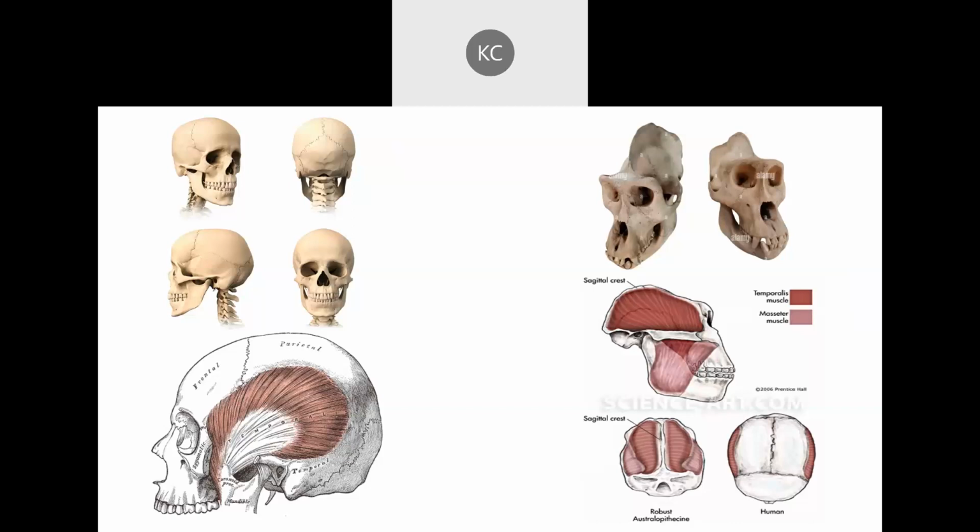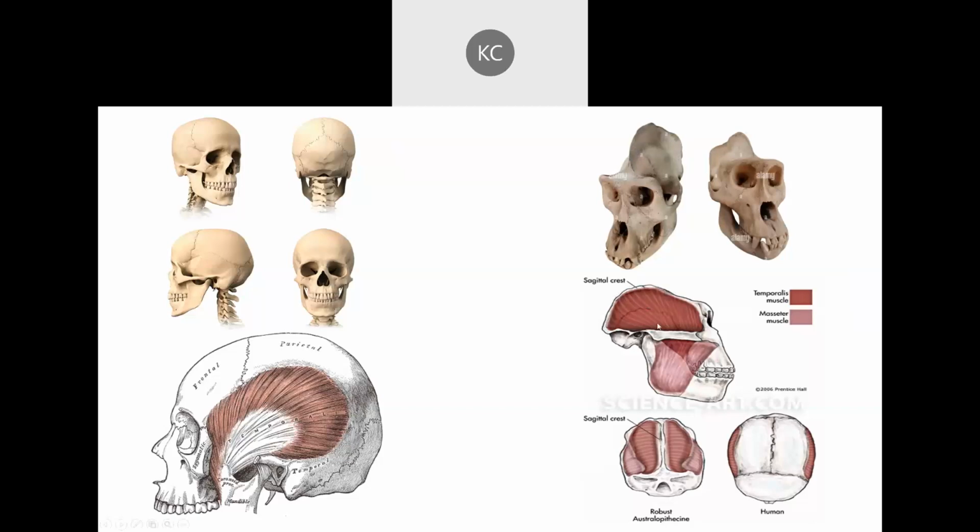We do not have a structure that we see over here to the right in a gorilla skull, something called a sagittal crest or a midline sagittal crest. So notice on this gorilla skull, you see this large flared region of bone. All right, this is called a midline sagittal crest. This midline sagittal crest increases the surface area for their temporalis muscle to attach to.